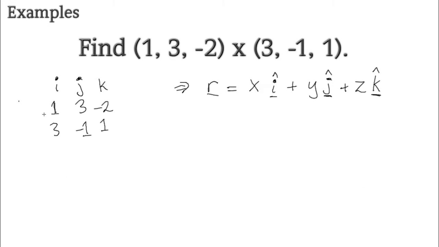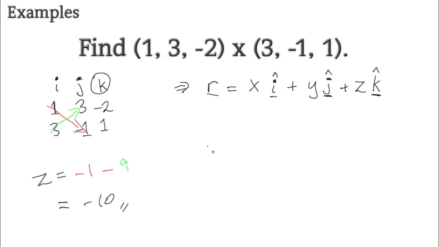I know it doesn't, but bear with, it will when it comes to matrices. So let's do k: go down, add, go up, subtract, and so z equals 1 times -1 is -1, then you take away 3 times 3 is 9, equals -1 take 9 is -10.